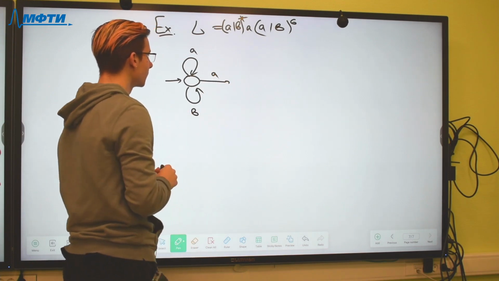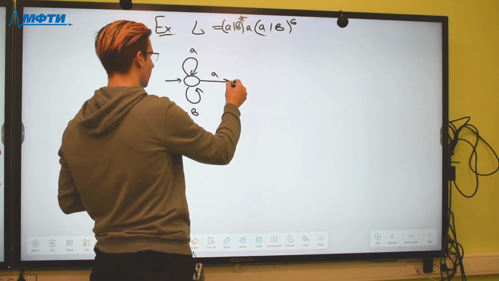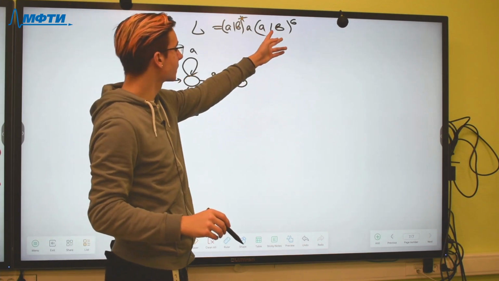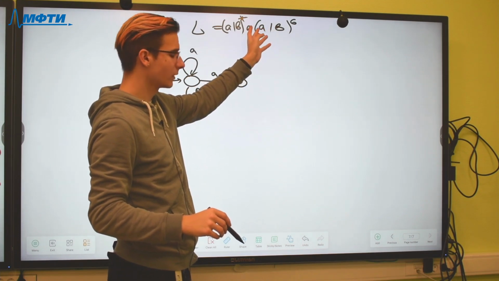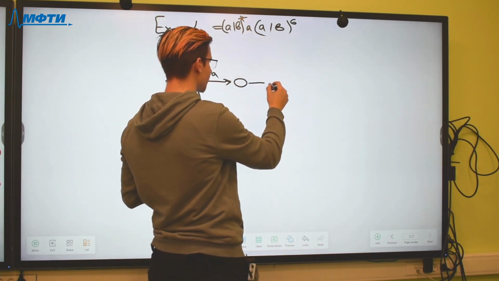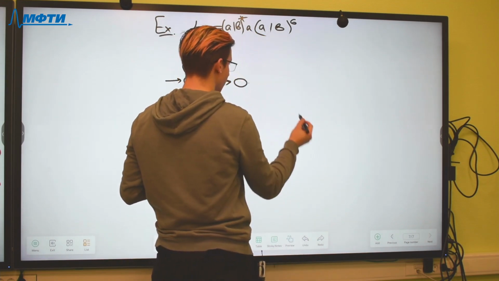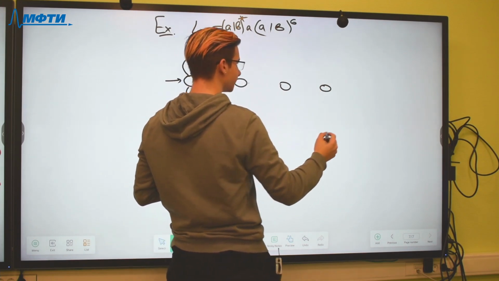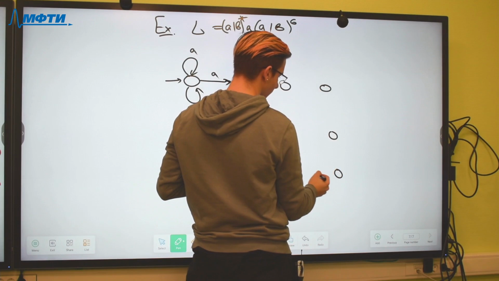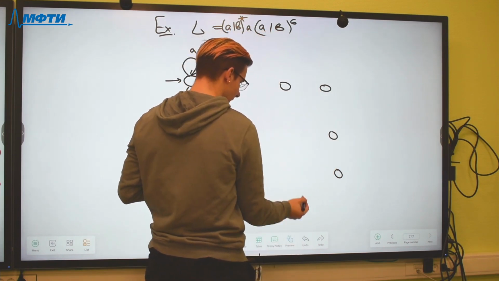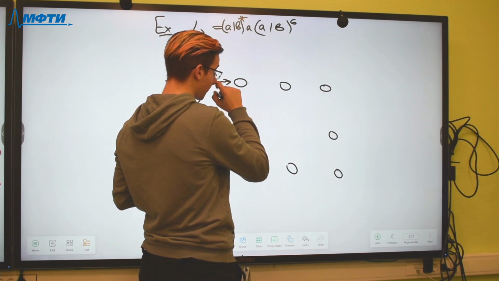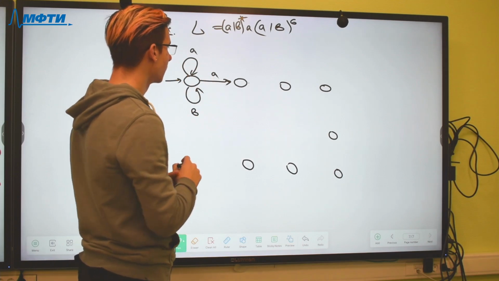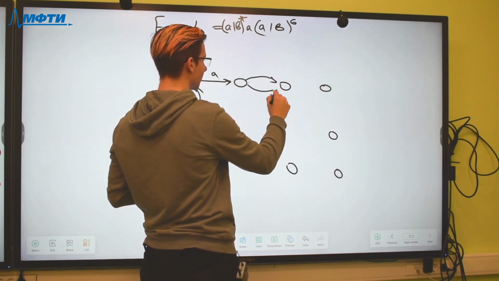Let's set A here to this state, and then we draw 6 additional states and add these arrows here.